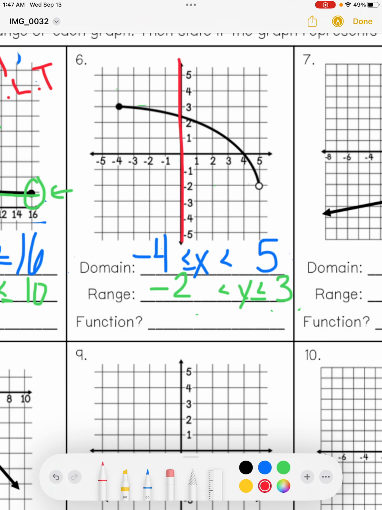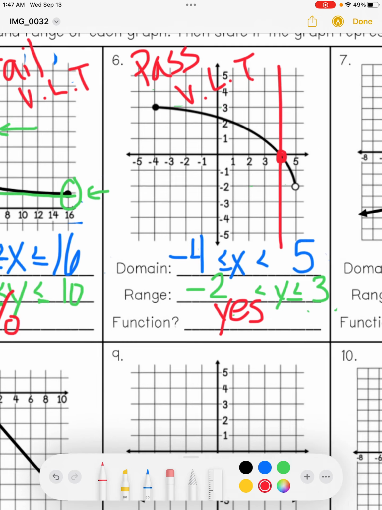If I draw a line here, I only hit it once, so that's fine. If I draw here, I only hit it once, that's fine, and so on, right? Is there any vertical line that I can draw where I ever hit more than one point? No. So this would pass the vertical line test.